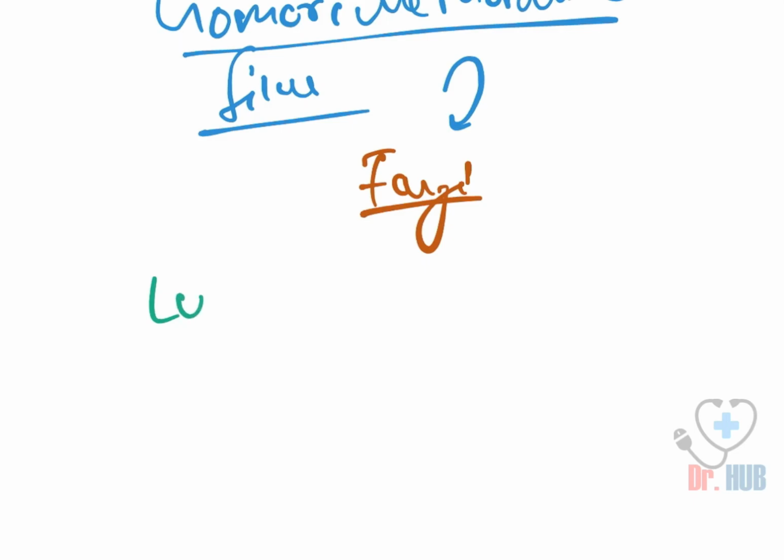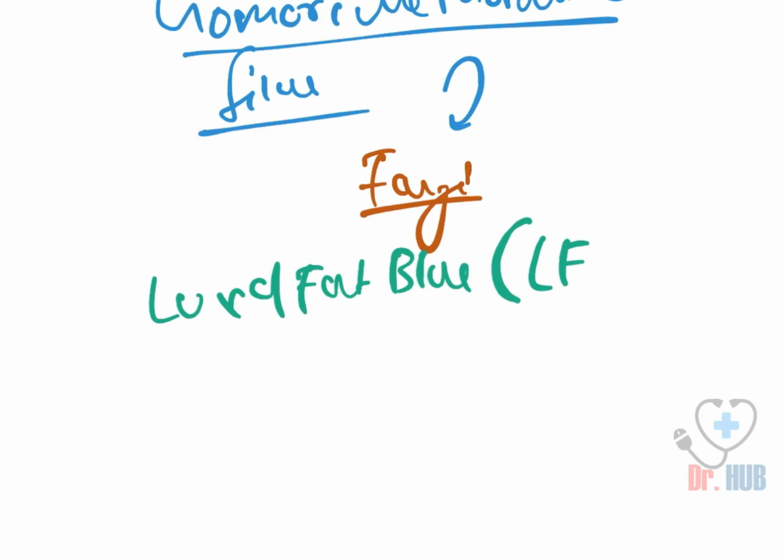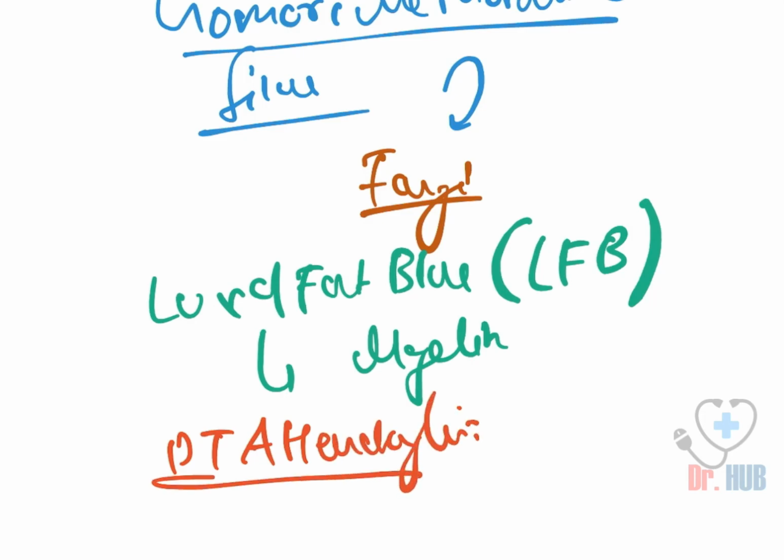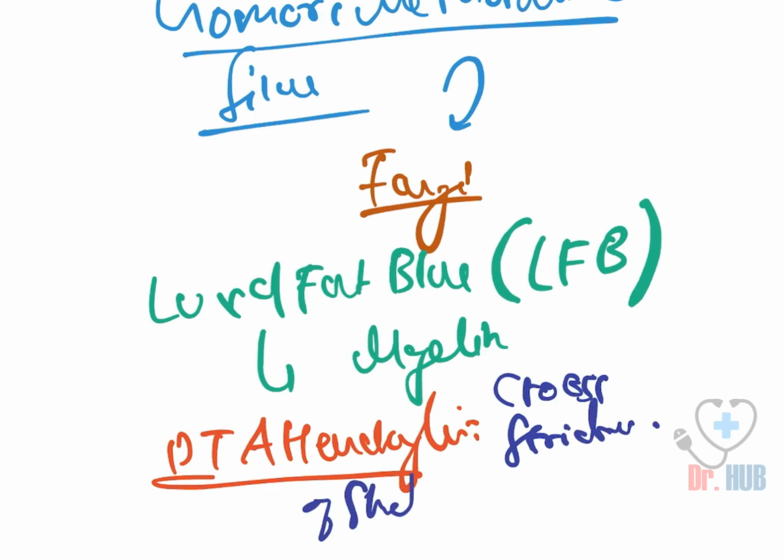Next is the Luxol fast blue, that is the LFB. So this is used for the myelin. Next, we look at the phosphotungstic acid hematoxylin. So this is used in case of the cross striations of the skeletal muscle as well as the fibrin.